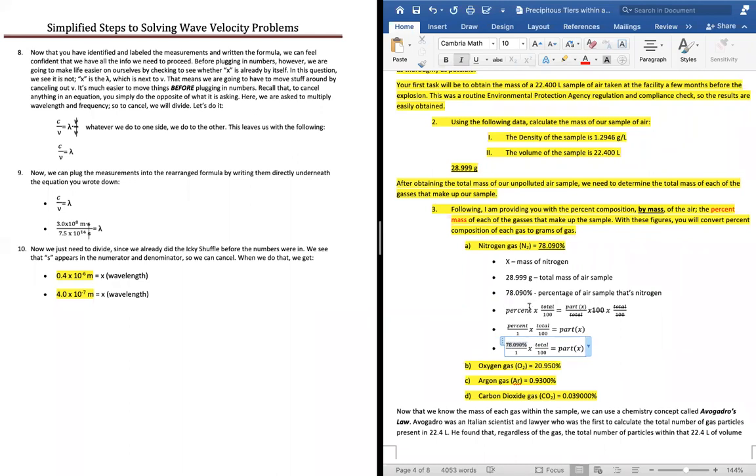So 78.090, and I've labeled it, so I know that goes there. Then I come to the total part and I look up at my list and there's what I have for total. So my total says 28.99. So 28.999, and I always put my unit of measurement down, grams. And then my X went in over here. So my part was my X.